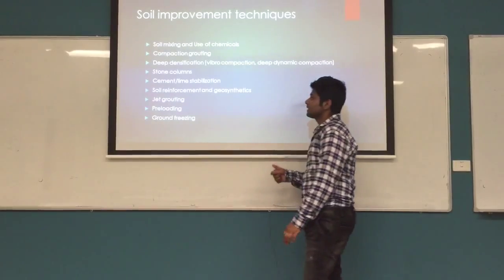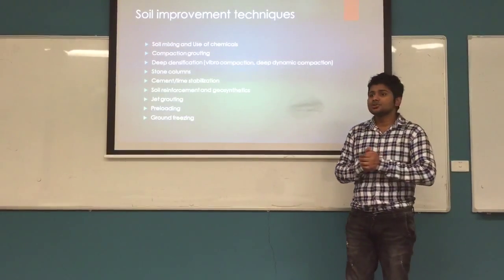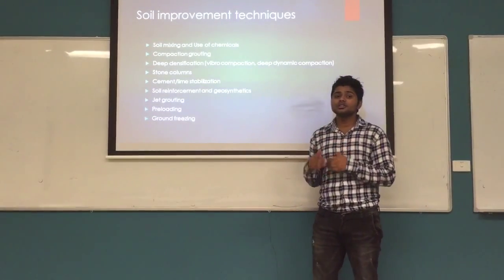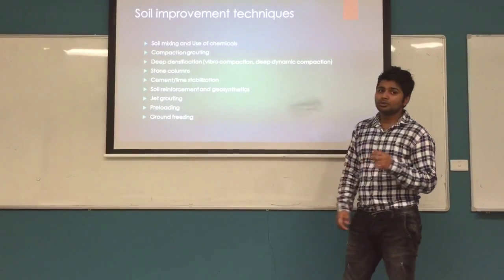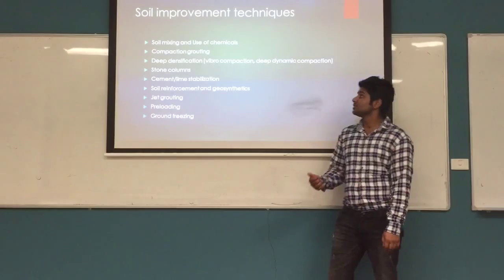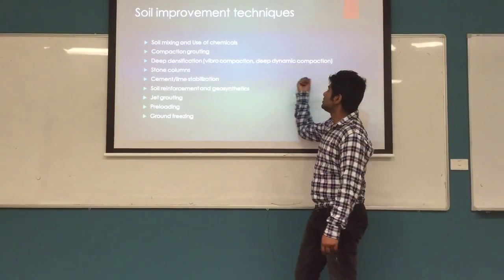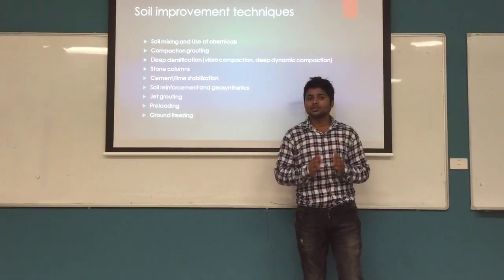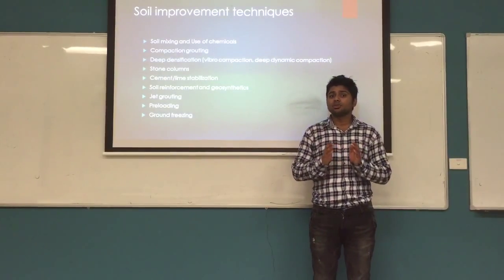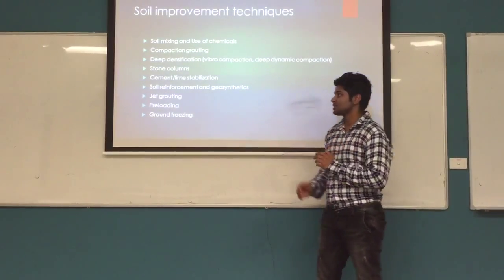Deep densification. This method is generally used to increase the density of the soil. Most commonly there are two different methods: vibrocompaction and deep dynamic compaction. Stone columns. Stone columns are also constructed on sites where there is a possibility of soil movements.